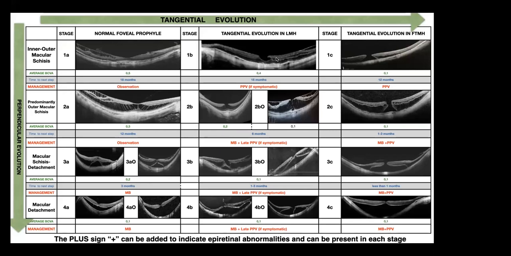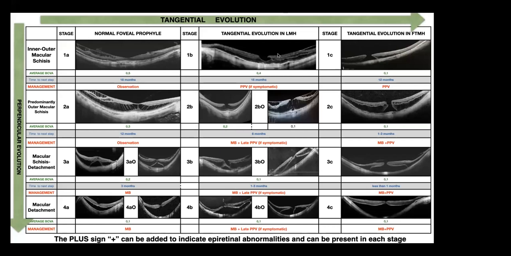Let's go to the second column. In stage 1B, I wrote pars plana vitrectomy, but only if symptomatic. So basically, this patient has only a lamellar macular hole. It is very controversial whether to operate or not a lamellar macular hole, especially in myopic eye, because you run the risk of inducing yourself an iatrogenic full thickness macular hole.